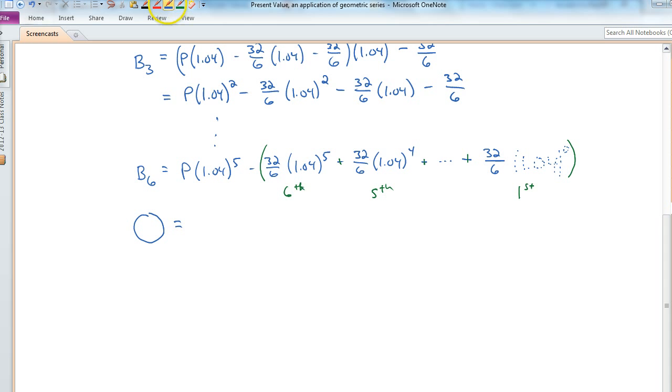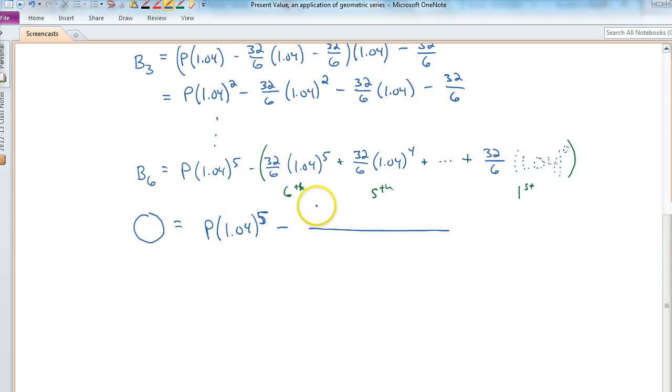So here we go. I have 0, because there's 0 money left in the account, is equal to P times 1.04 to the 5th power minus this geometric series. And I know that I can re-express a geometric series as a fraction.